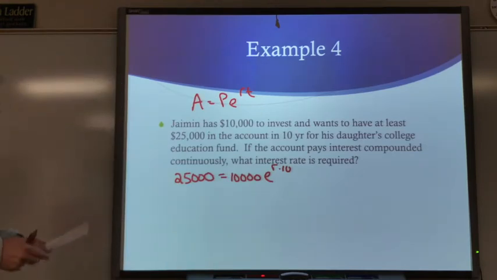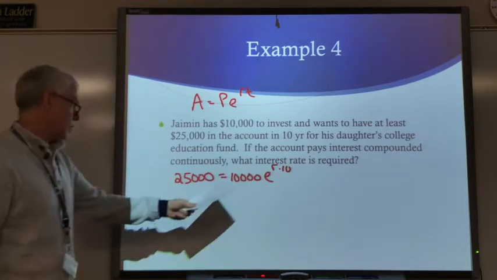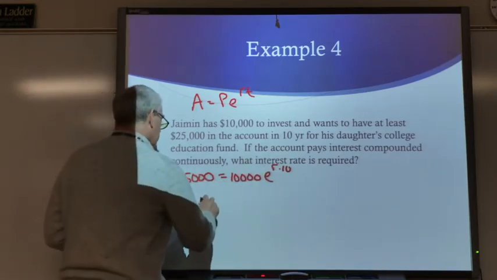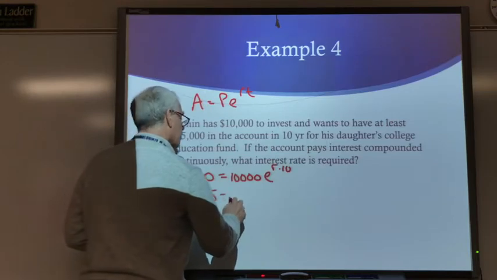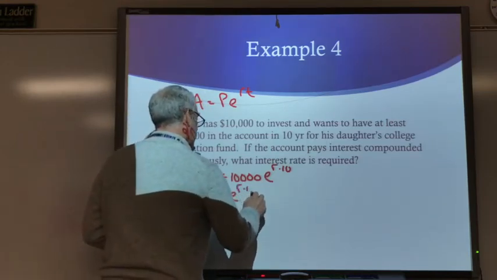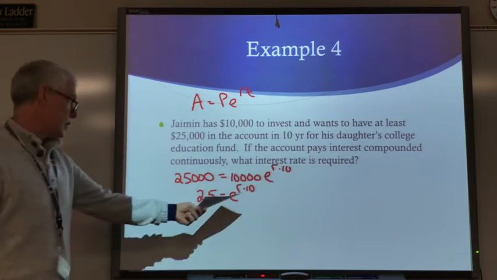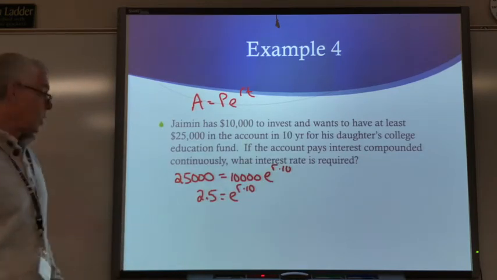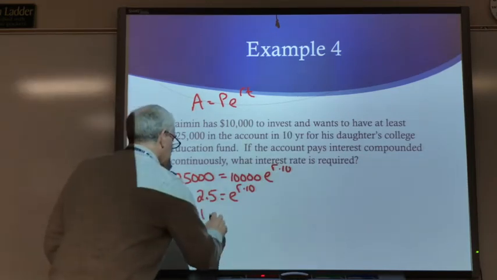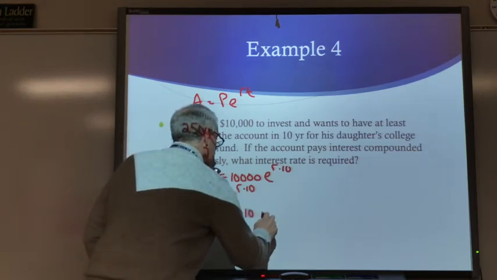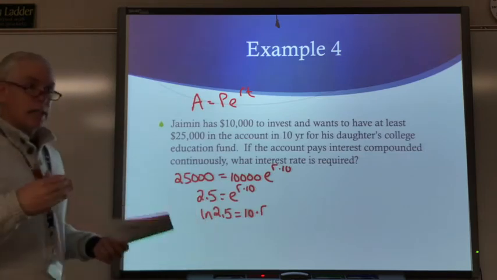The rest of what I have to do here is algebra. So I'm going to try to get E by itself. I'm going to divide by 10,000. And to undo an exponential, I need to take a logarithm. And since I've got base E, natural log will undo that. So I've got the natural log of 2.5 equals 10 times r, because the natural log and the E are inverses.